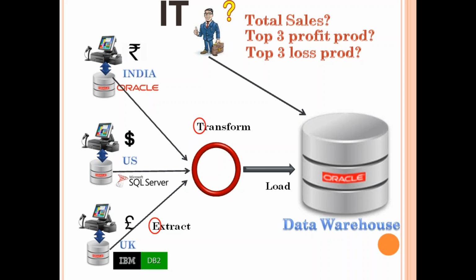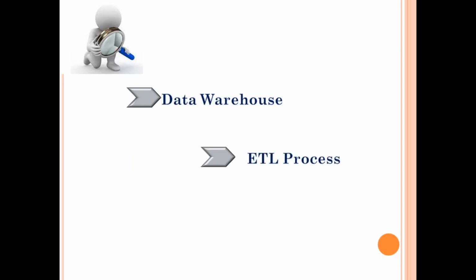Finally, in order to build a data warehouse, we follow a process called extract, transform, and load. If you observe the first character of each of these, extract, transform, and load, it is ETL. So in order to build a data warehouse, we need an ETL process. To perform analysis, we need a data warehouse, and to build a data warehouse, we need an ETL process, and to build an ETL process, we need Informatica.